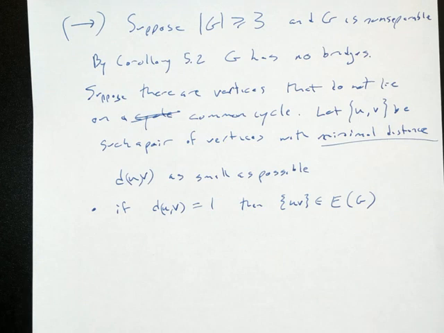Why does that force there to be a cycle? Because there's no bridges. If there was not another way to get from U to V, then UV would be a bridge. And we said right here, there are no bridges.